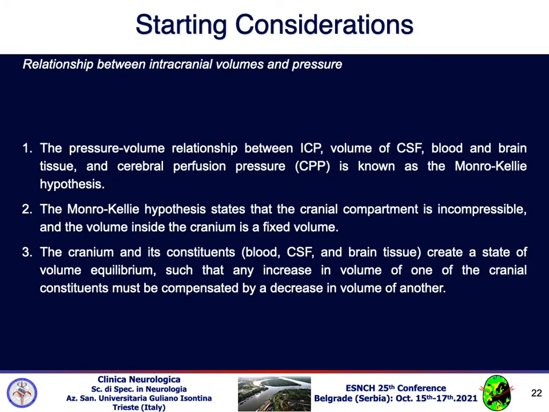The pressure-volume relationship between intracranial pressure, volume of CSF, blood and brain tissue, and cerebral perfusion pressure is known as the Monro-Kellie hypothesis, which states that the cranial compartment is incompressible and that any increase in volume of one of the cranial constituents must be compensated by a decrease in volume of another.